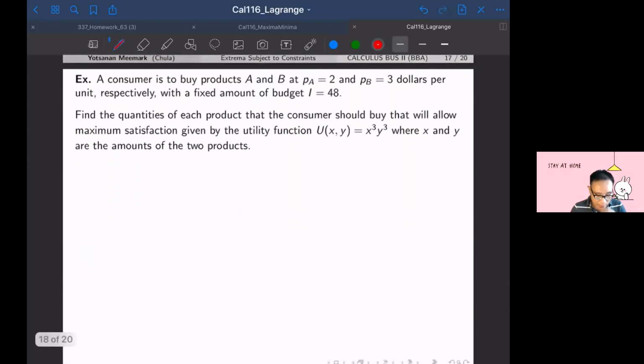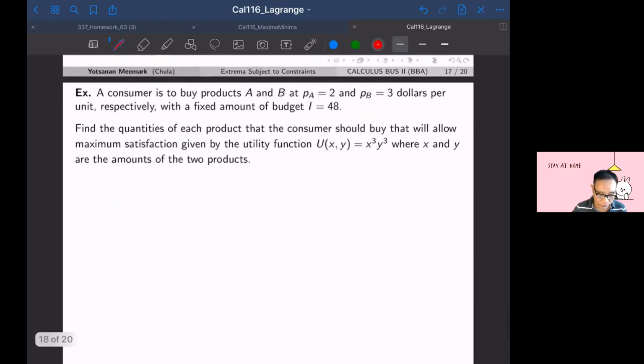The third one, you see that you have the constraint given by a consumer. A consumer is to buy product A and product B at price PA equal to 2, PB equal to $3 per unit with the fixed amount of budget I equal to 48. So this guy will be 2x plus 3y, okay?